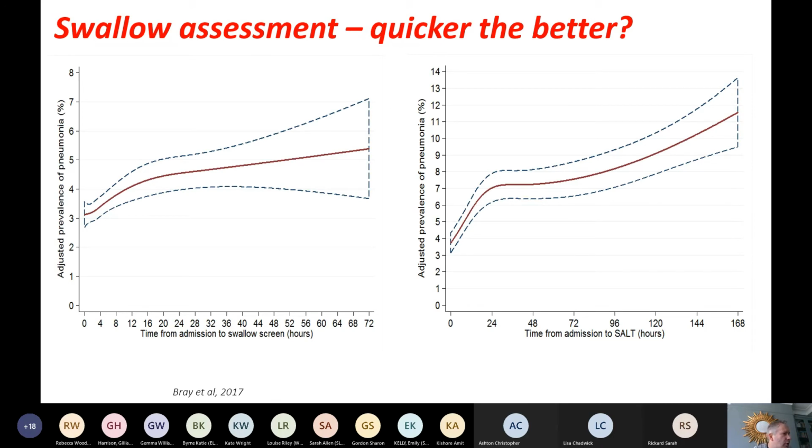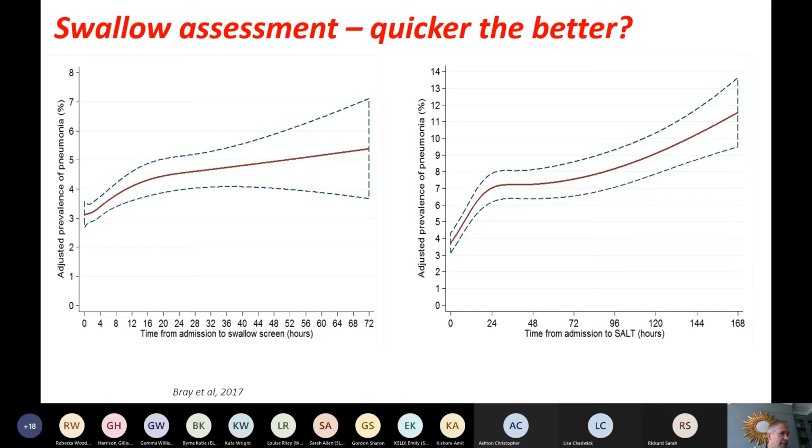So moving now on to swallowing, which will be an area very close to the hearts of many of the audience. We do know that swallow assessments are important, but what we don't really have is a huge amount of data to actually back this up, either in trials or in contemporaneous stroke unit care.